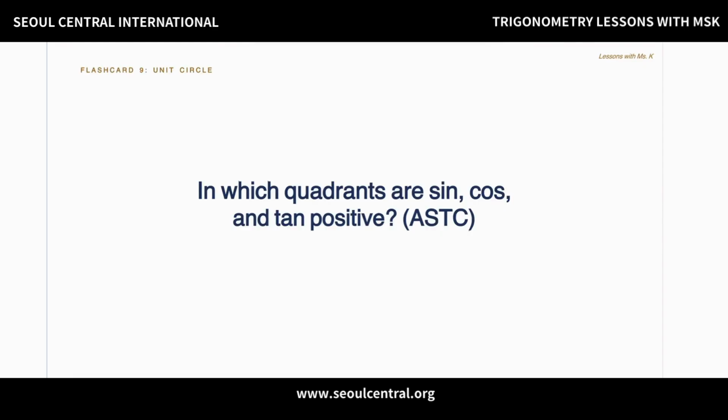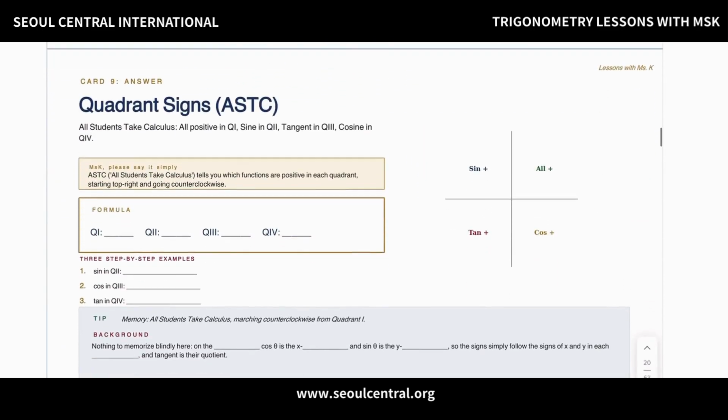For slide number 9, flashcard number 9: in which quadrants are sine, cosine, and tangent positive? The little trick to remember this is All Students Take Calculus. Now, if you take a look at this chart, this is something that professors and teachers will use to help you remember it off the top of your head, without looking at a reference guide.